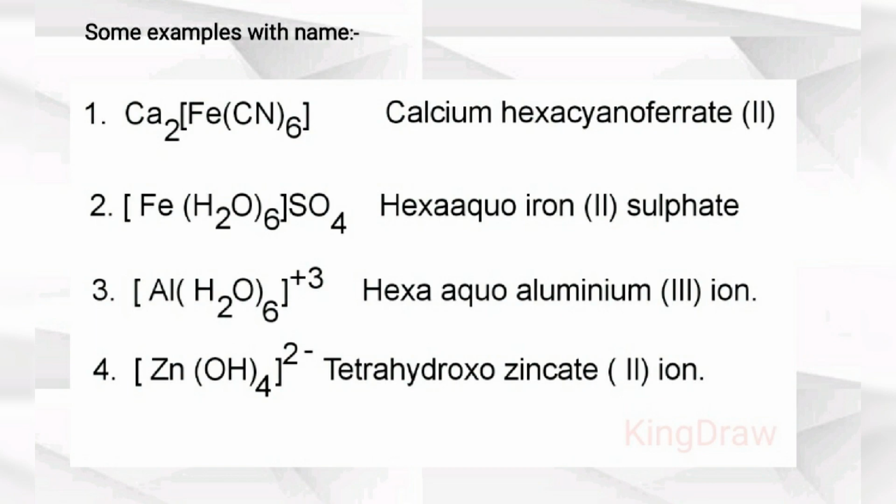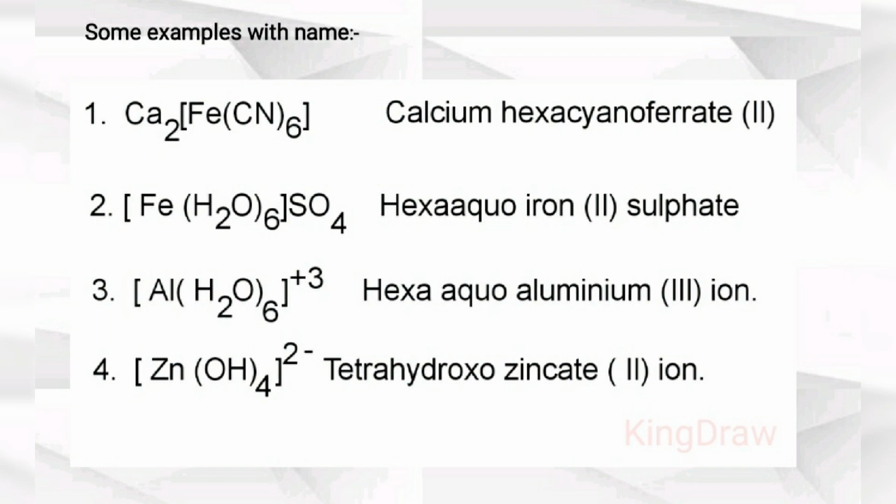While writing the name, we first write the name of the cation. So hexaaqua: hexa means coordination number 6, and aqua means water, because while writing the name of a ligand we make some changes. Then the name of the central metal ion iron with oxidation state 2, and lastly the name of the anion sulfate: hexaaquairon(II) sulfate.